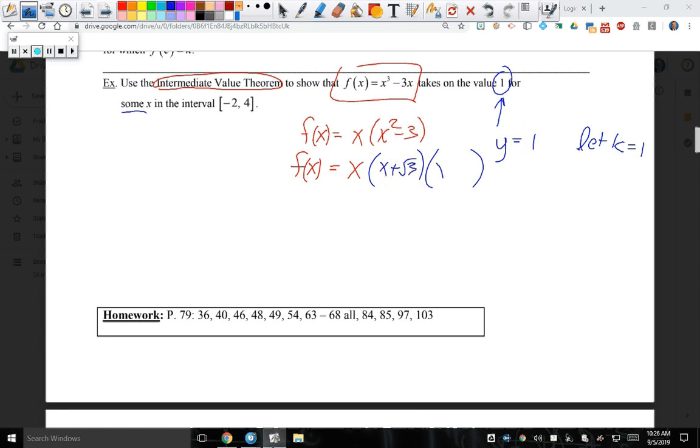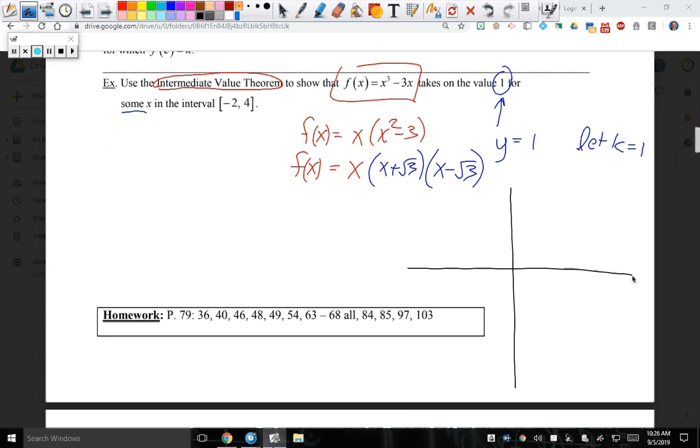Nice. Those are the factors. So on a graph, I'm going to go over here, and guys, root 3 is between root 1 and root 4. Would you agree? And root 1 is 1, right? And root 4 is 2. So it's somewhere in between 1 and 2.